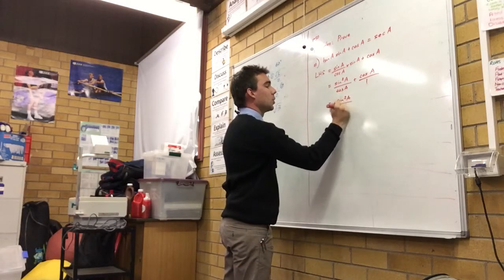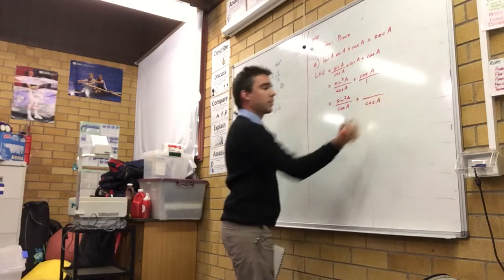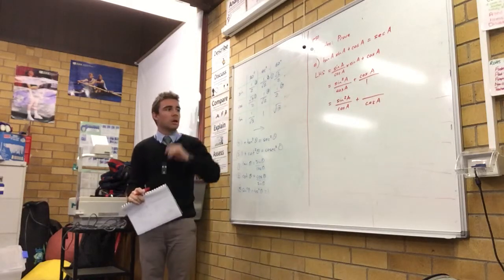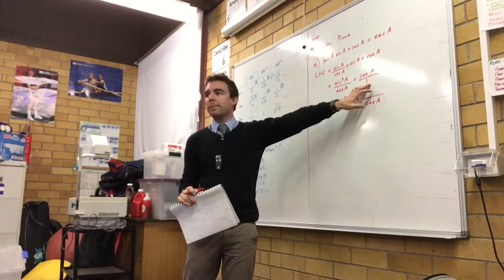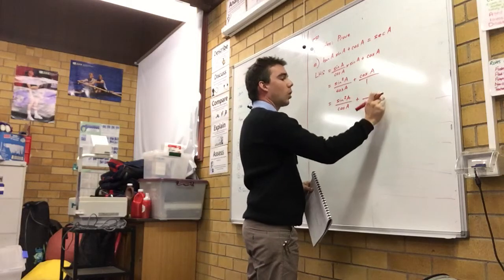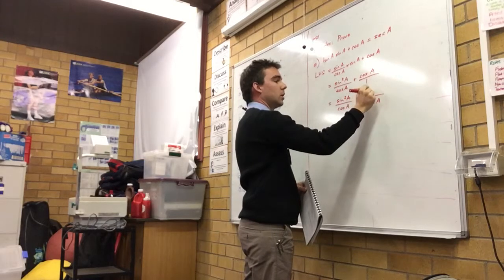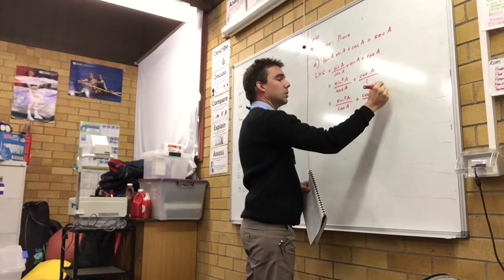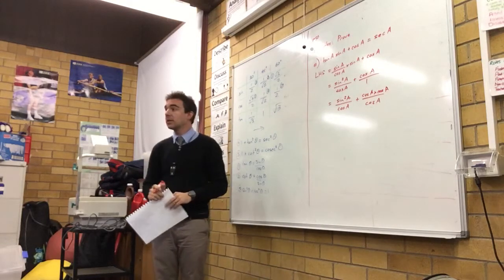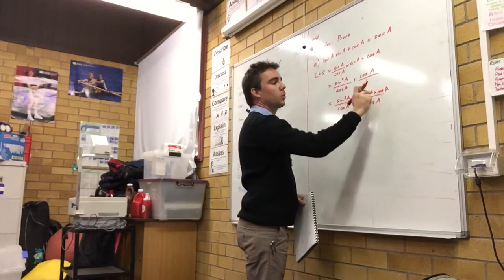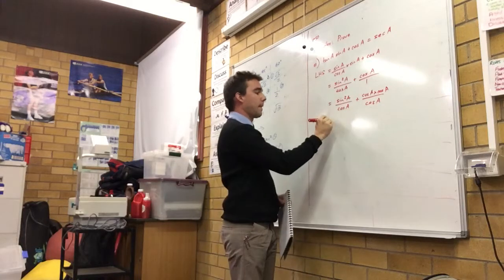Therefore the lowest common denominator is going to be cos of capital A. So if I introduce the cos of capital A on the bottom of this fraction from 1, I need to multiply 1 by cos of A, and I also need to do the same to the top, so cos of capital A times cos of capital A. In other words, if I cancel this cos on the bottom with 1 on the top, I'm left with just the cos of A, which is what I had on the previous line.